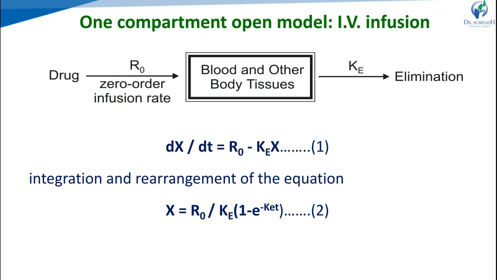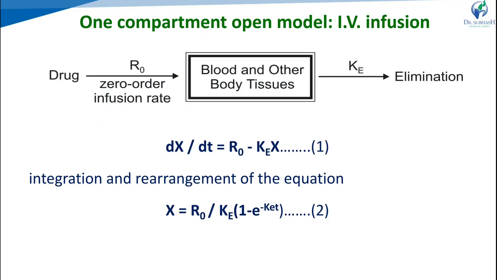In that case, we have to consider the absorption phase and the elimination phase. So the model can be represented like this: the drug reaches the blood or other tissue by a zero order infusion rate, R0, and the elimination phase follows first order kinetics, represented by Ke.